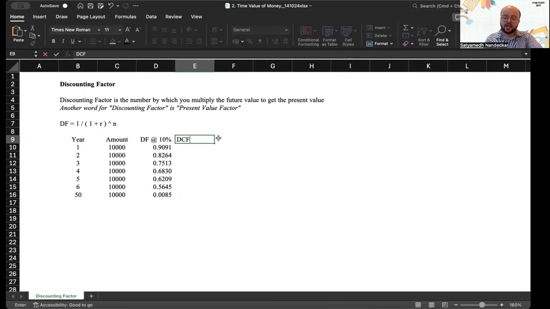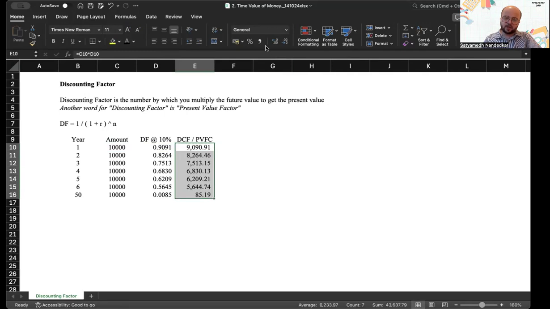Now, discounted cash flow or the present value of future cash flow is a simple calculation where I multiply this amount with the discounting factor. So 10,000 into 1 upon 1 plus r raised to n gives me the present value. So I populate this column.